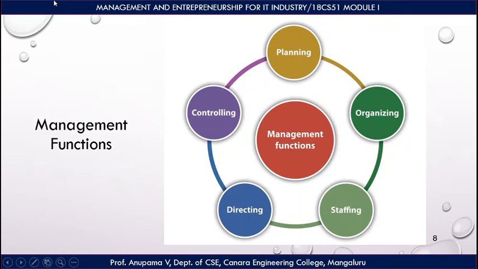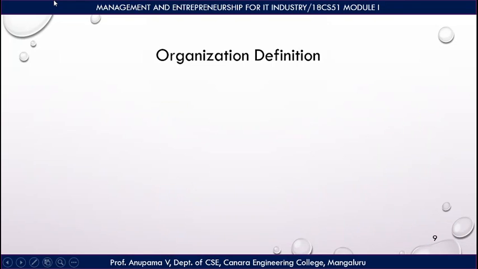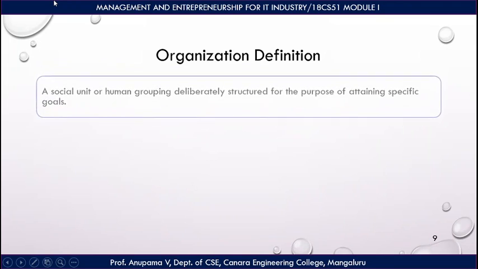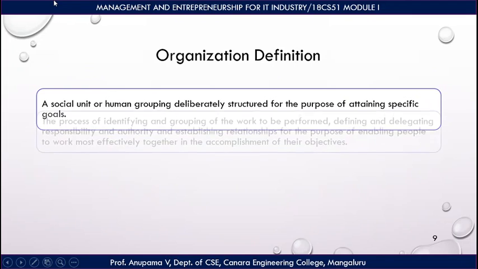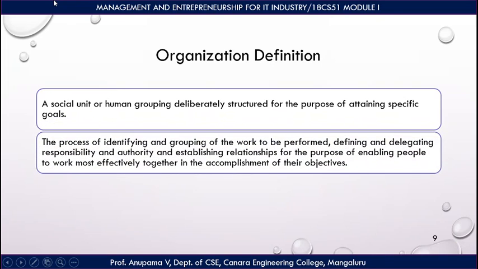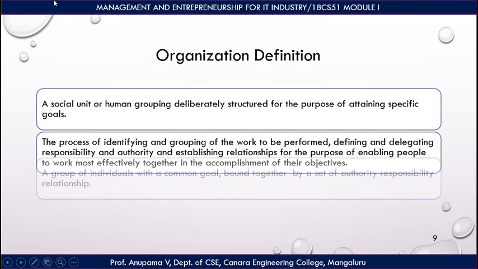Now, let us see the second basic function of management, that is organization or organizing. What is organization? Organization is a group of individuals with a common goal bound together by a set of authority and responsibility relationships. Or organization is a social unit or human grouping deliberately structured for the purpose of attaining a specific goal.